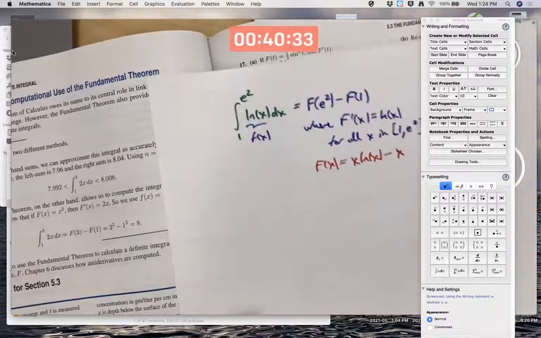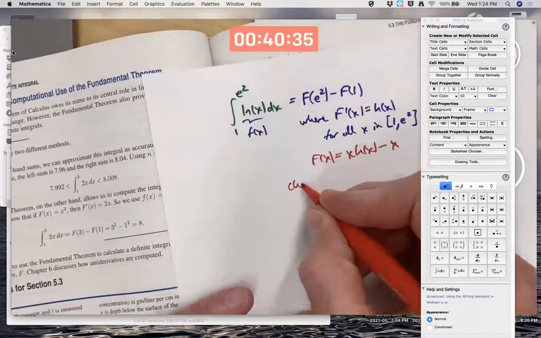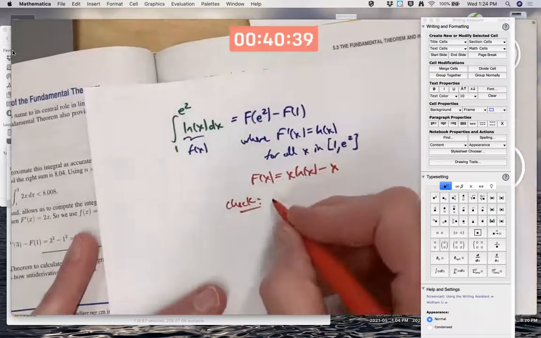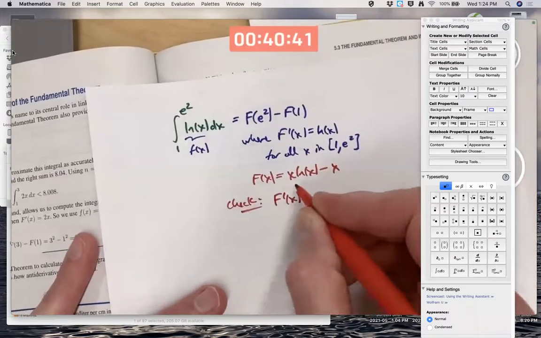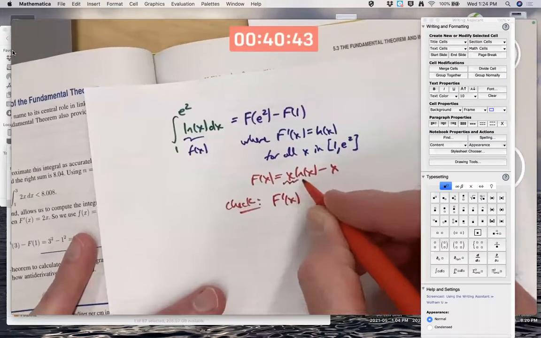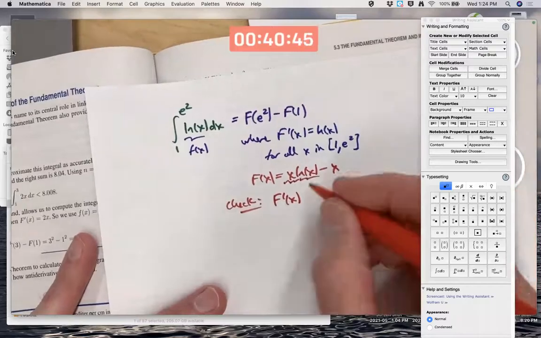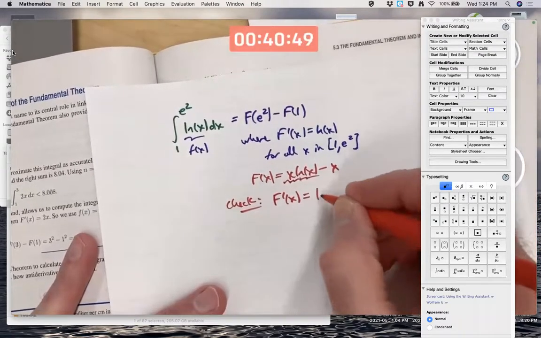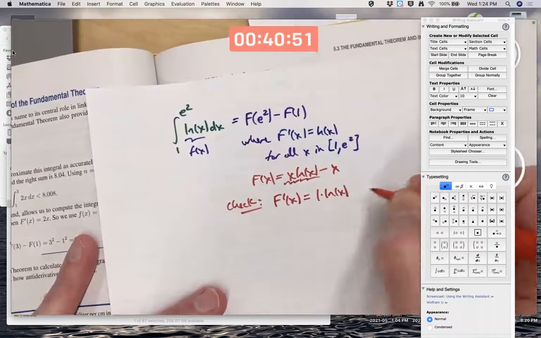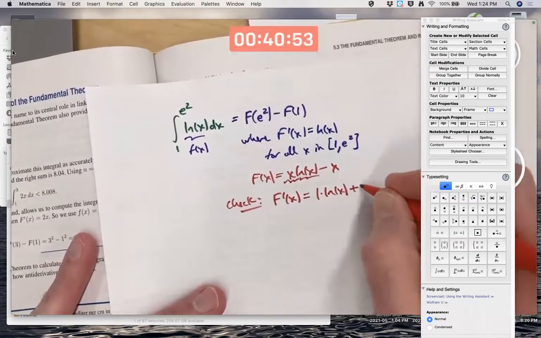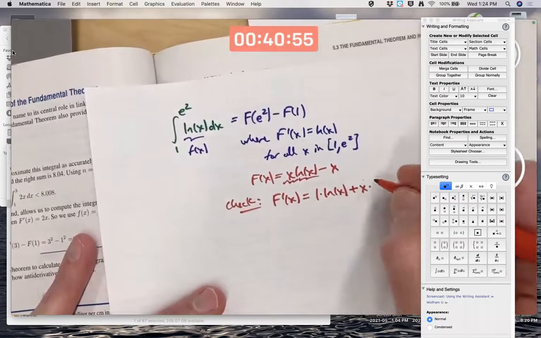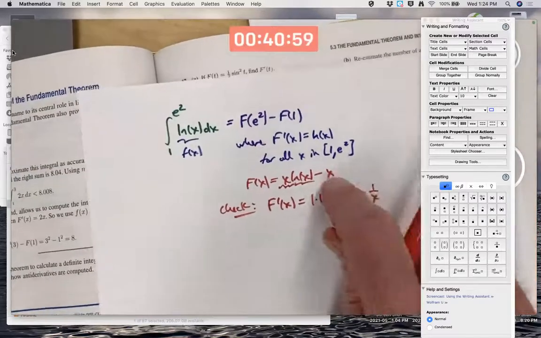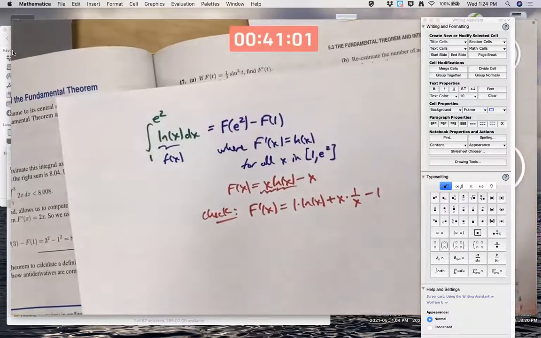Let's check that by differentiation. Capital F prime here, I need the product rule, right? I've got a product of two functions there. X times natural log of x: the derivative of the first function is 1 times the second function, plus the first function, x, times the derivative of natural log of x, which is 1 over x, minus the derivative of x, which is minus 1.